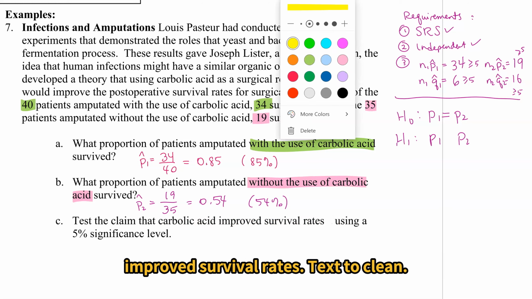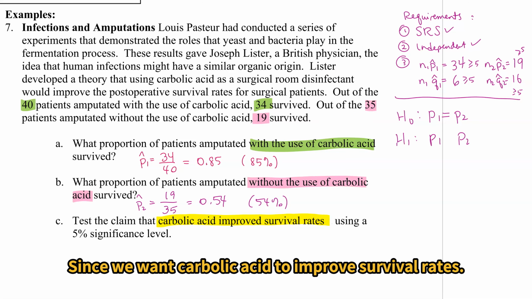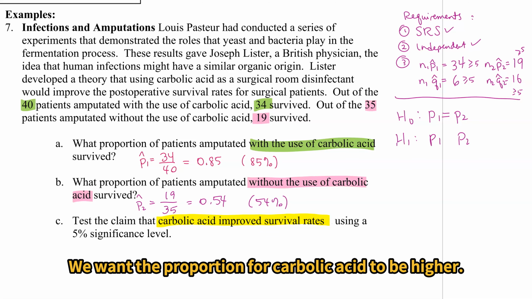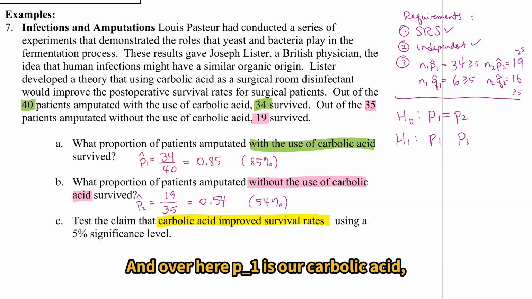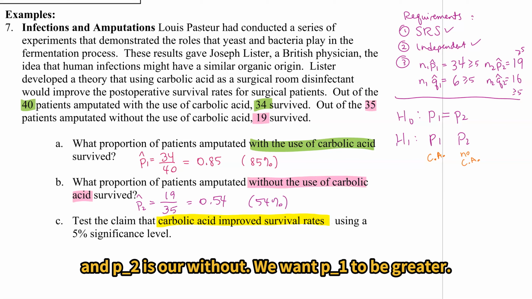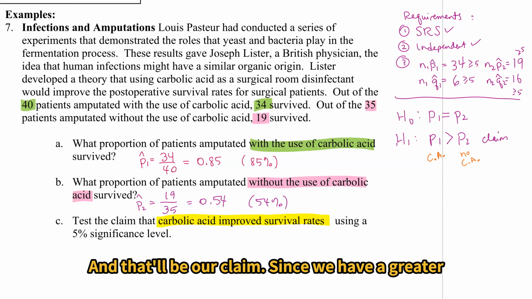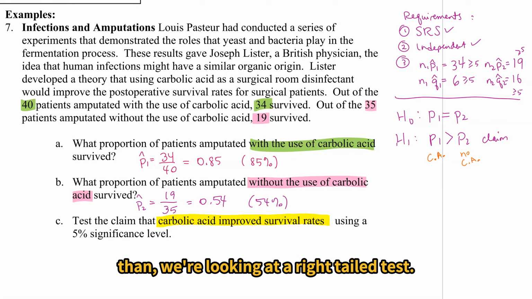Since we want carbolic acid to improve survival rates, we want the proportion for carbolic acid to be higher. And over here, P1 is our carbolic acid, and P2 is our without. We want P1 to be greater, and that'll be our claim. Since we have a greater than, we're looking at a right-tailed test.